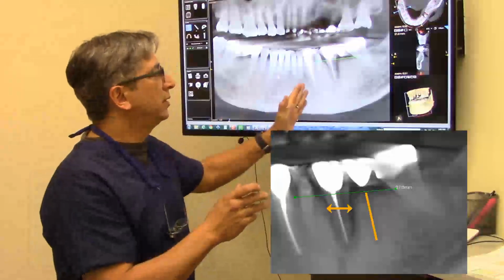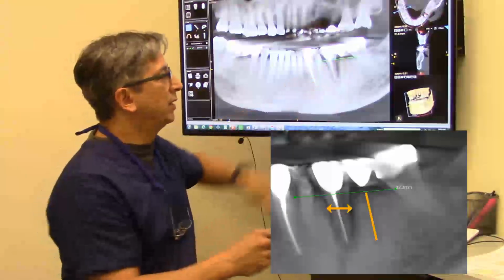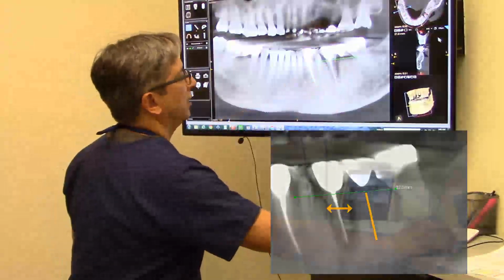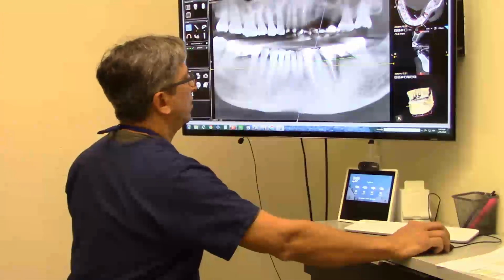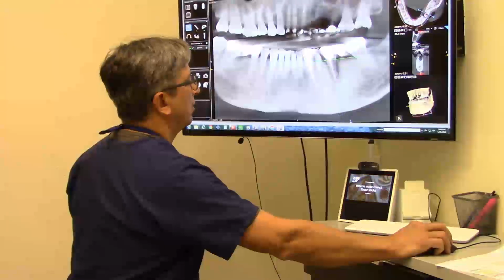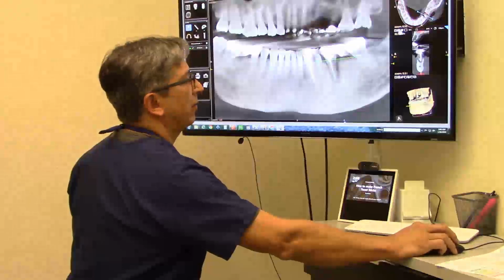So let's evaluate this infected site, and this site here, with our slice view. Let's bring that over, all the way over. Okay. First off, the infected site looks really bad, and we know there's already a fracture in that root.